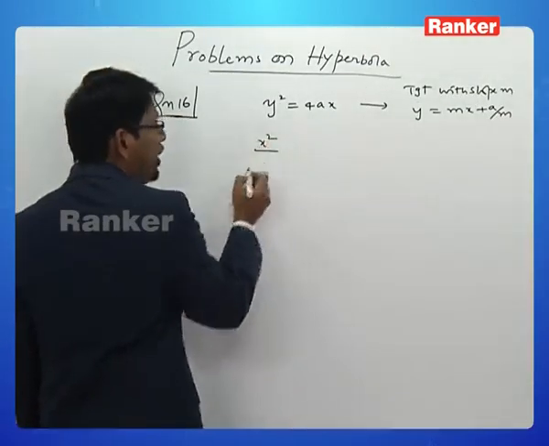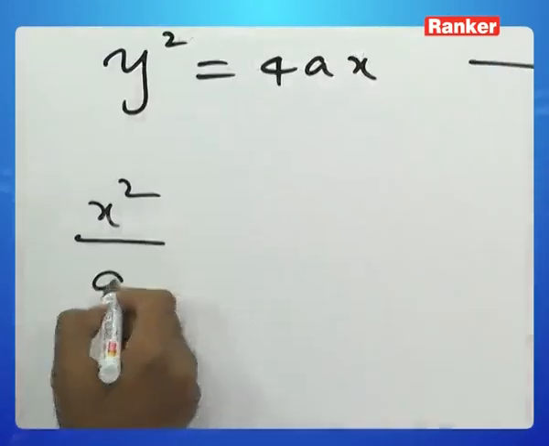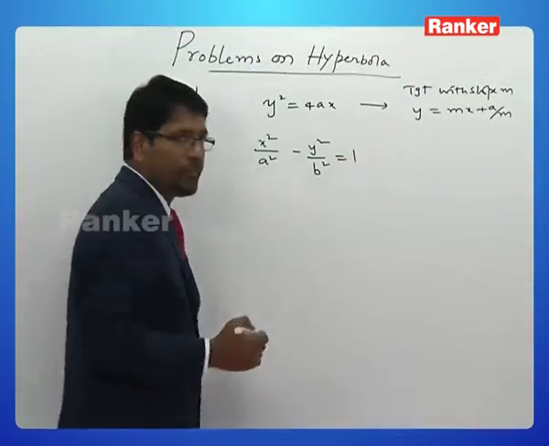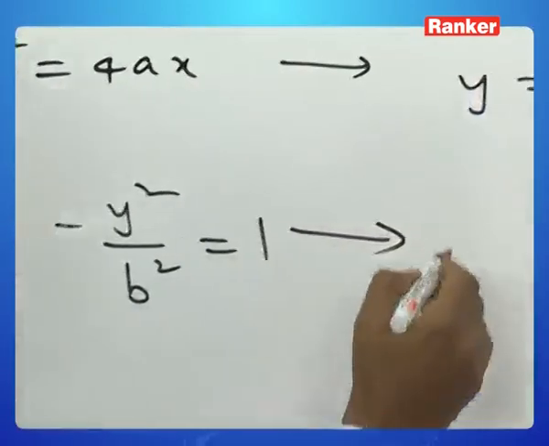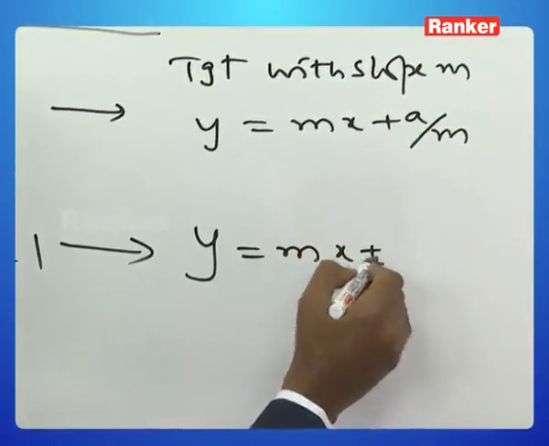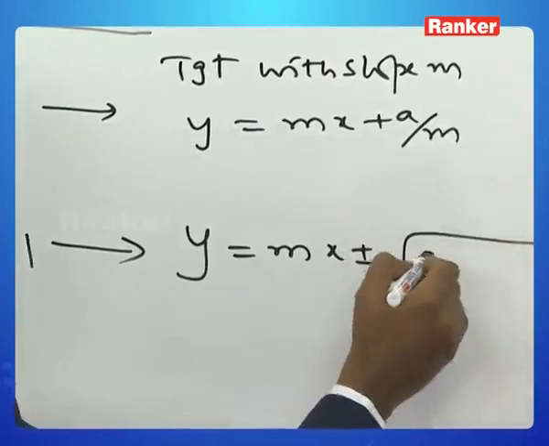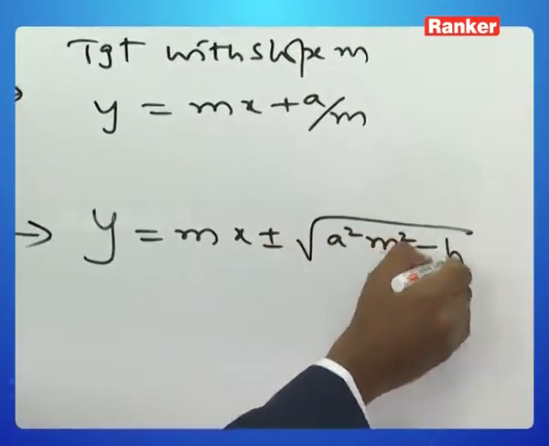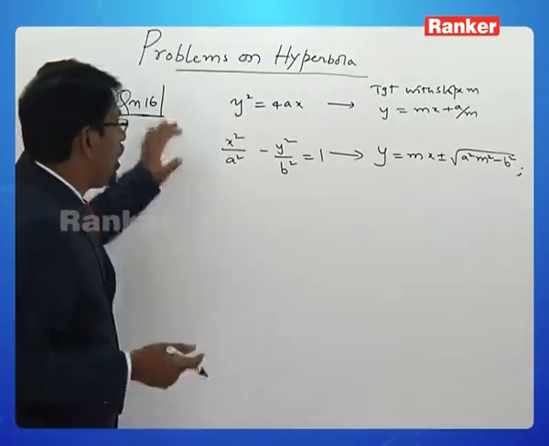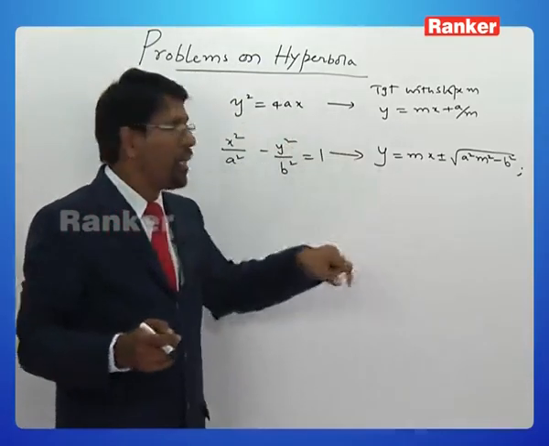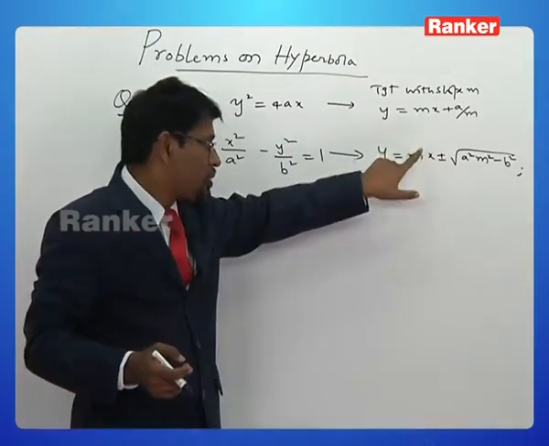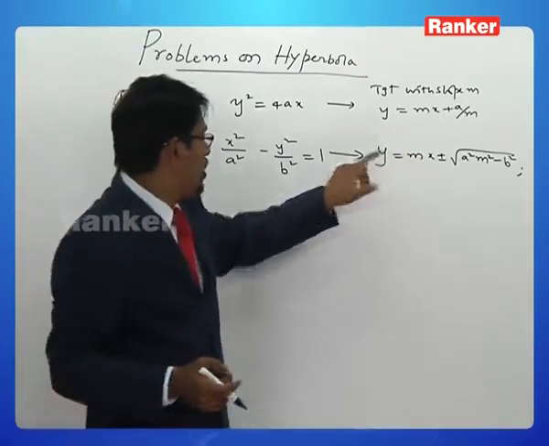For the hyperbola x square by a square minus y square by b square equal to 1, a tangent with slope m is given by y equal to mx plus or minus square root of a square m square minus b square. Now, if they are to have a common tangent, that means a common m value for which this line has to become a tangent to the hyperbola.